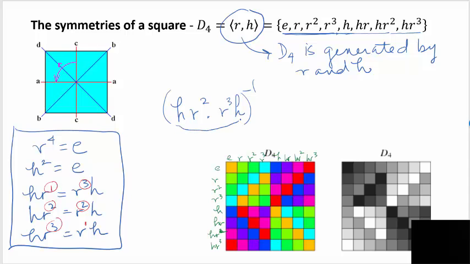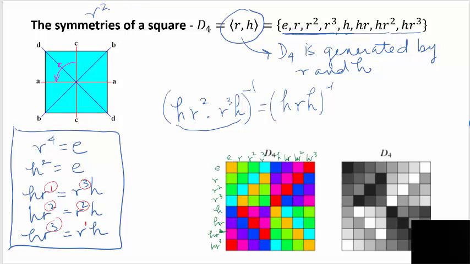I want to calculate what's in here first. So first of all, R squared times R cubed, that is R to the fifth. And R to the fifth is R. So then we have (HRH) inverse.